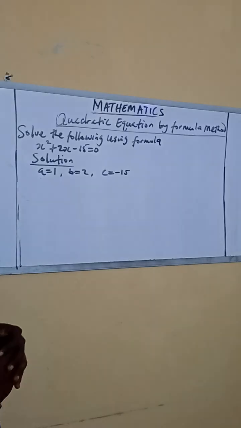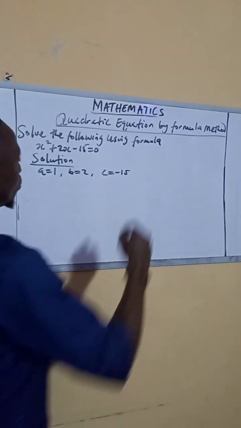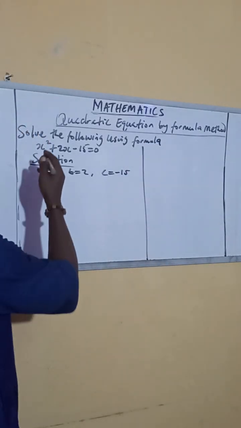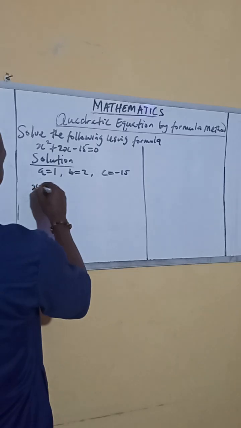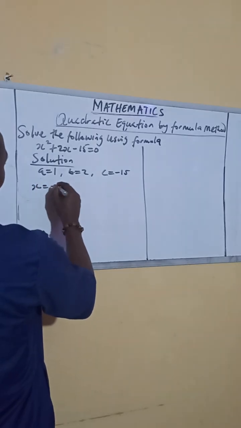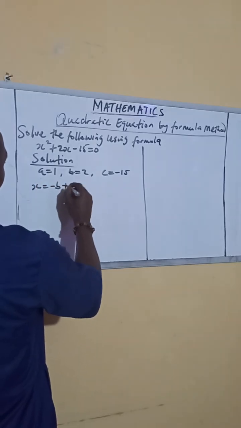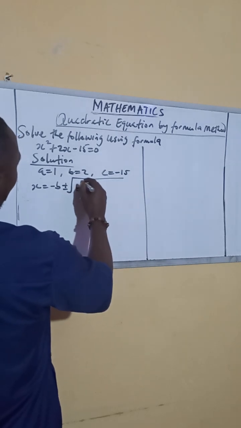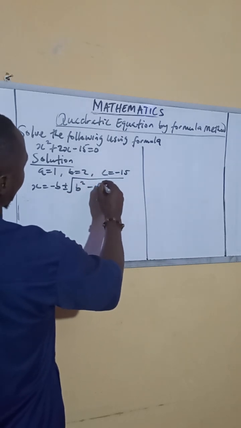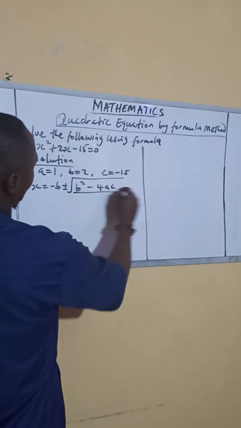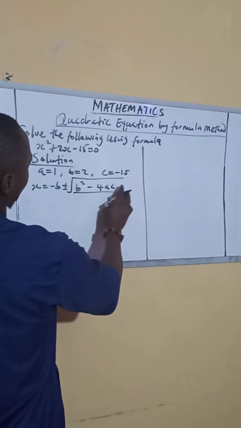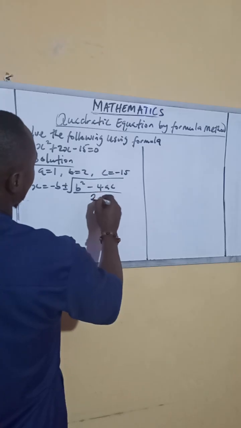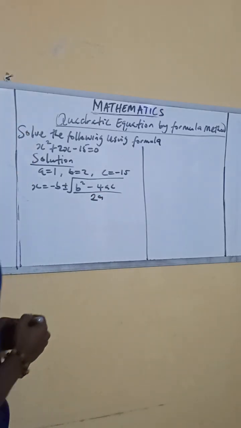From this, we can now move down to the formula we should work on. The formula for finding the solution to this is going to be x equals minus b plus or minus the square root of b squared minus 4ac, all over 2a.